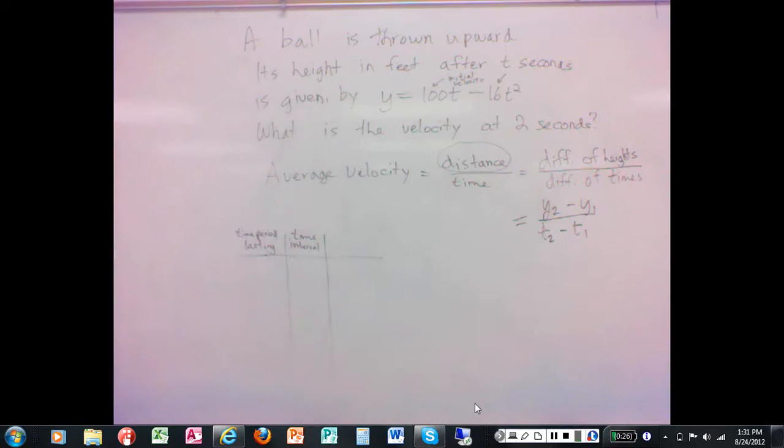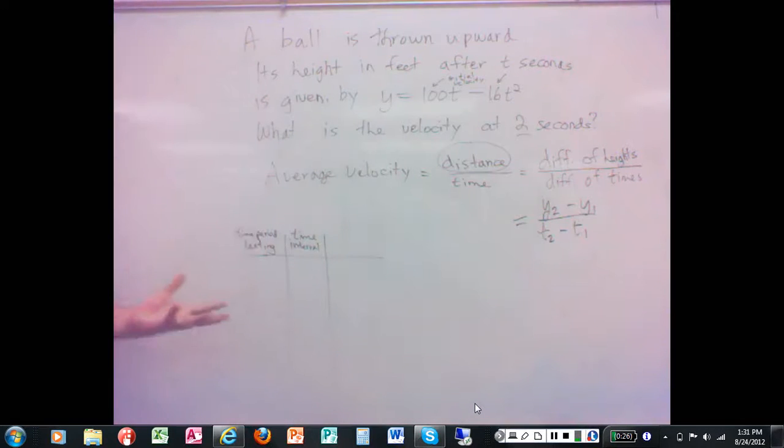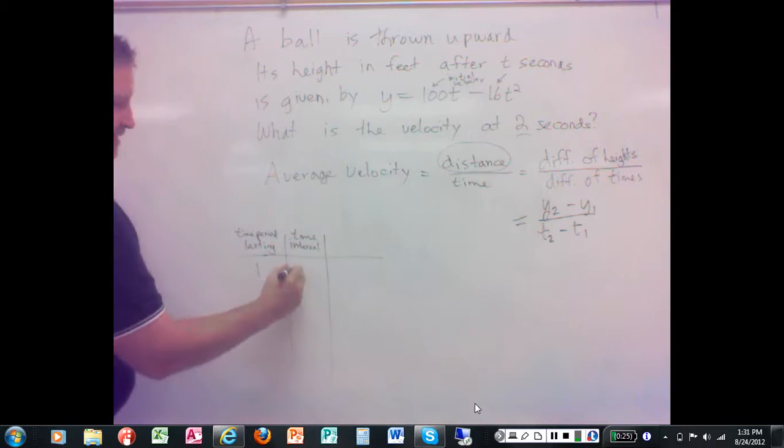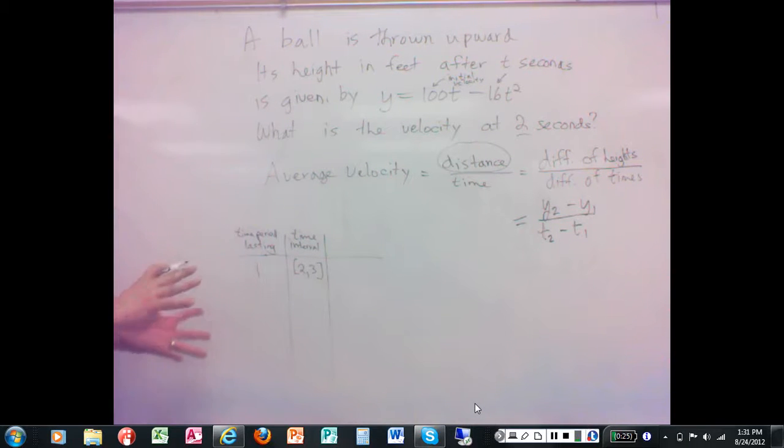It'll give them both ways. If I'm going for 2 seconds, 1 second doesn't seem like a lot, but it will once we get done. But let's just start with the time period lasting 1 second. The time interval then would be from 2 to 3. I give it this way, like I said, because it gives it both ways, and the problems I'll have you do.